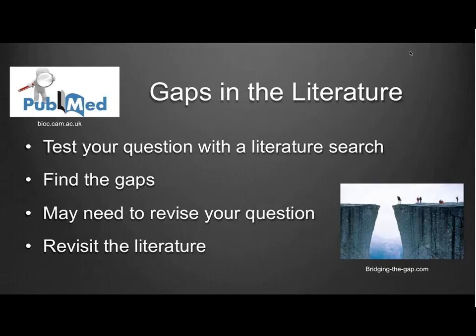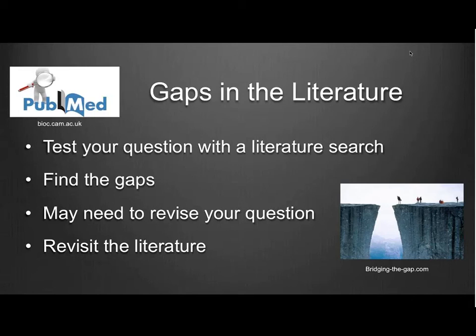So when you're looking at the gaps in literature, now that you have your initial question drafted, what you need to do is go to the literature, not do a formal search, just do a little search and see if there is something similar that's already been done in the body of literature that you're working with. And if you do see something, then you have to start looking for the gaps.